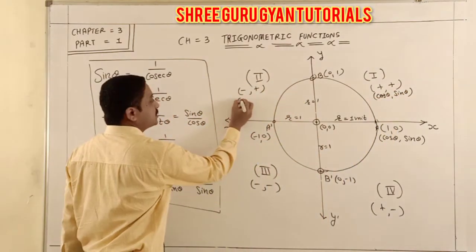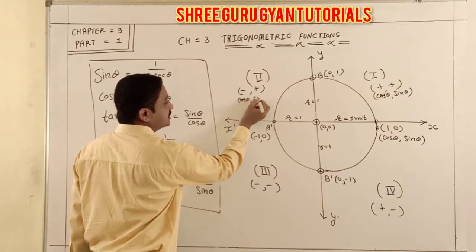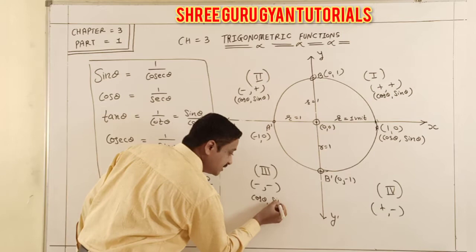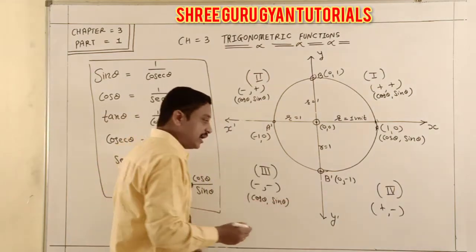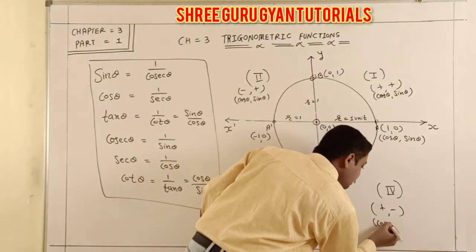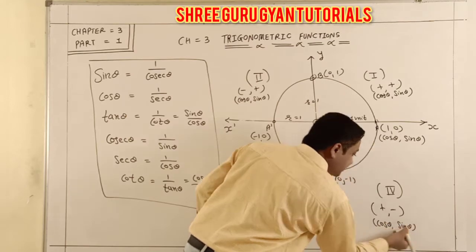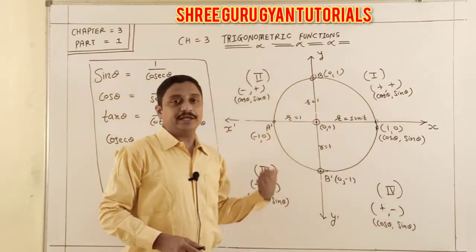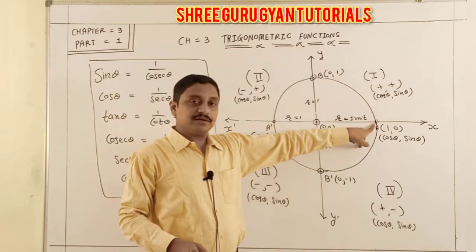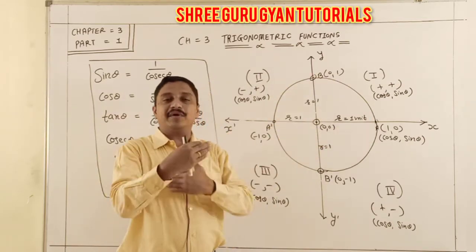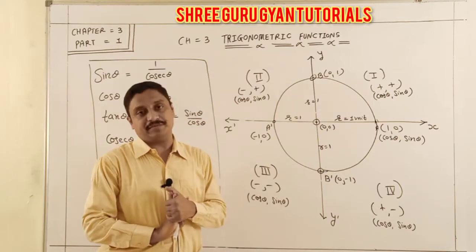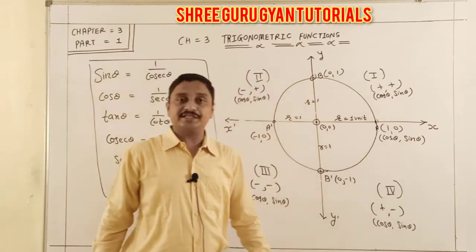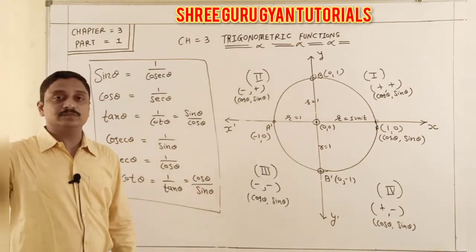Same here, cos theta, sin theta. And in the last, cos theta first and second is sin theta. So students, using this plotting for degree measure, I will now explain radian measure. And these values define positive or negative sides one by one.